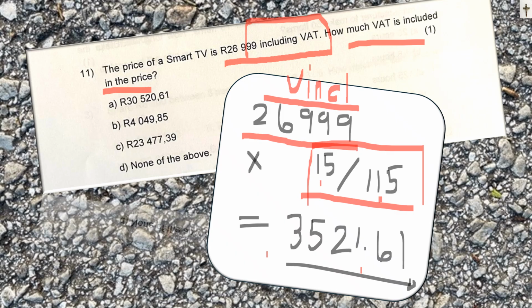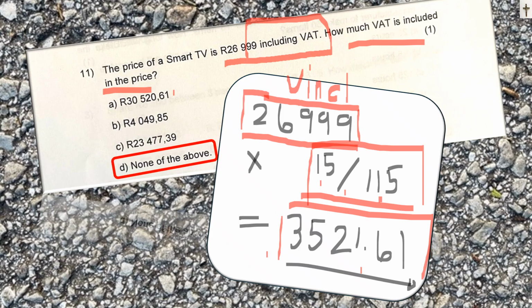But if you didn't get that, that's okay. You just know VAT inclusive amount multiplied by 15 over 115 will give you the VAT amount, 3521.61. And you will see it's not there, it's not there, it's not there. It's D, none of the above.